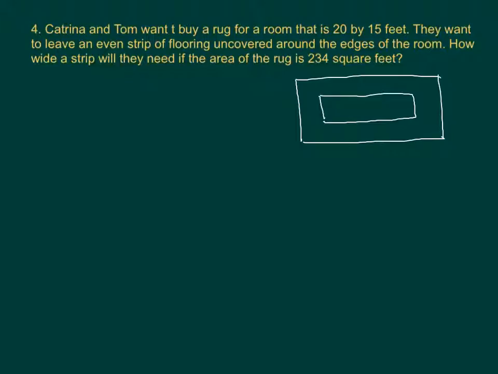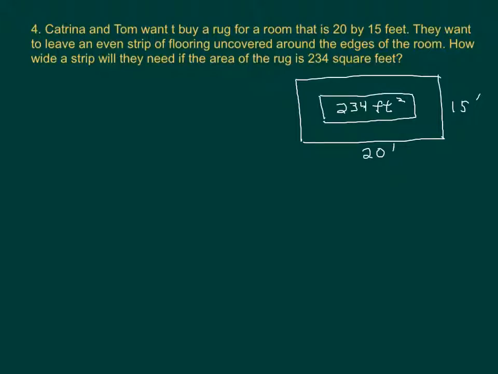The outer rectangle is the room, and the inner rectangle is the rug. We are told the rug is 234 square feet. The room, we are told, is 20 feet long and 15 feet wide.